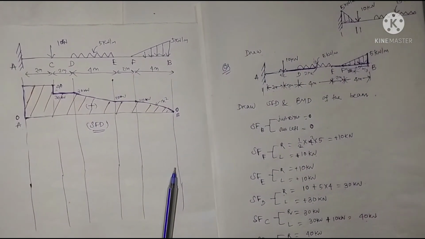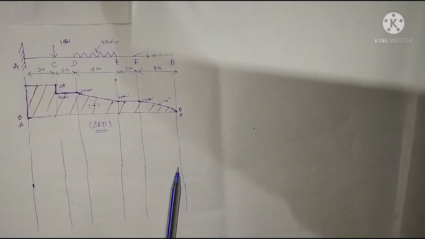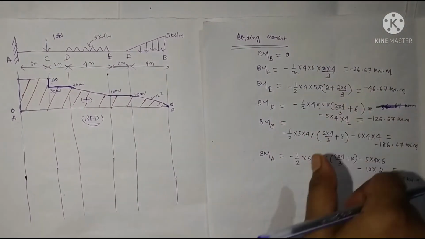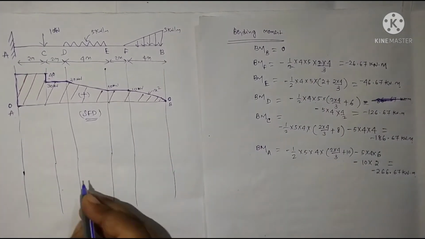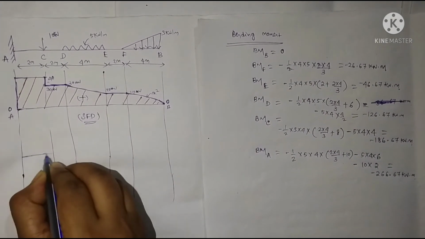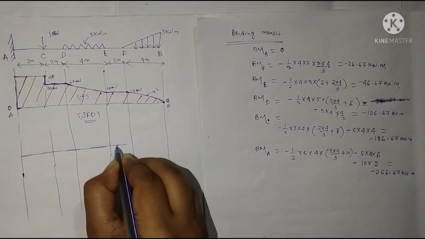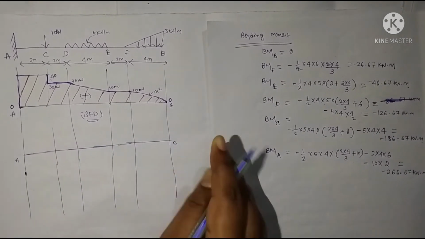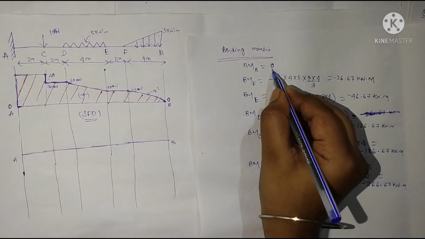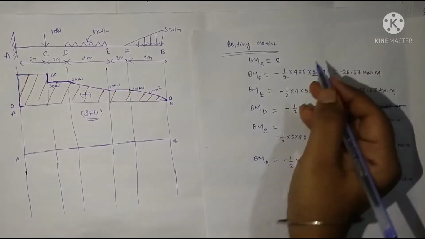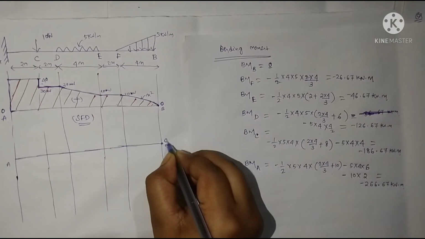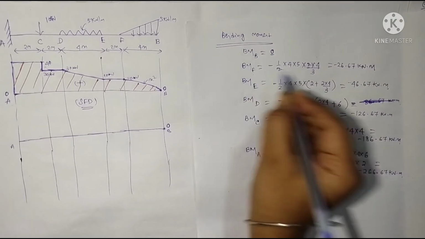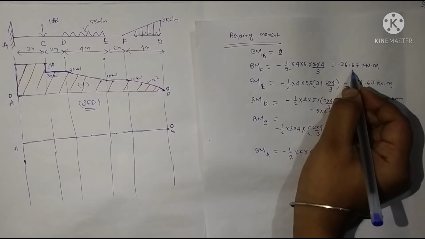Now just move towards our bending moment diagram. Here we have calculated all the bending moment values. Just put the values and draw the bending moment diagram. This point is A, this point is B. At point B, the value of bending moment will be 0. At point F, the value of bending moment will be minus 26.67.